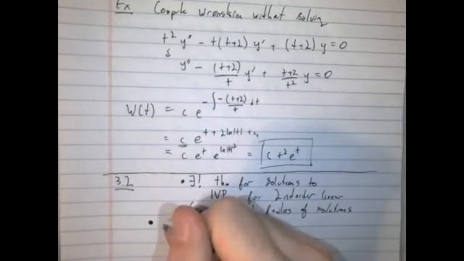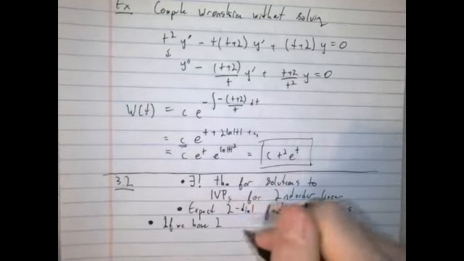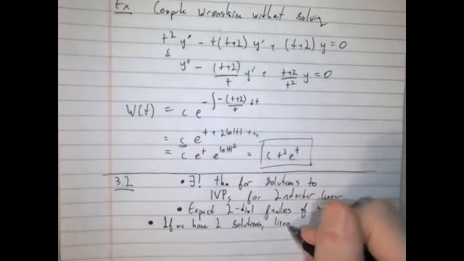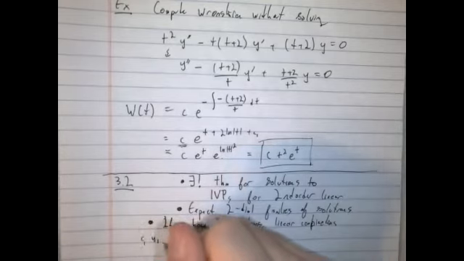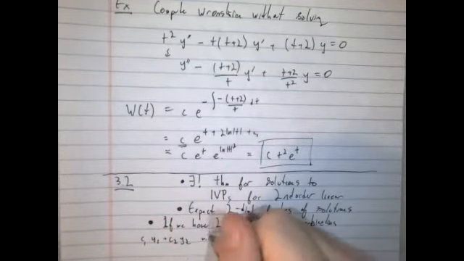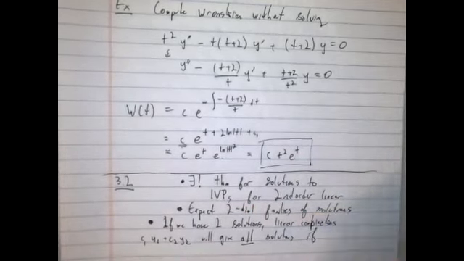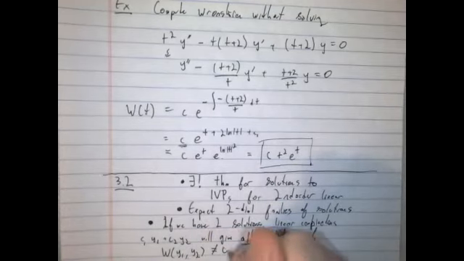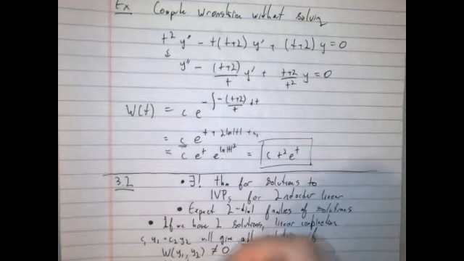Another point is that if we have two solutions, linear combinations, that is C1 Y1 + C2 Y2, will give all solutions if the Wronskian W(Y1, Y2) is not the zero function. And lastly, the Wronskian may be computed using Abel's theorem.